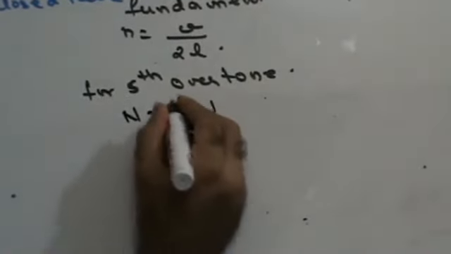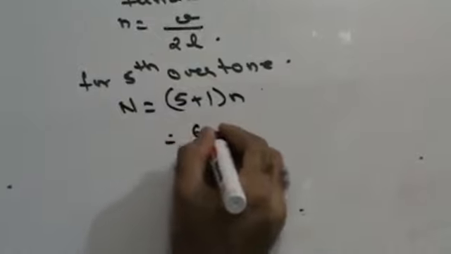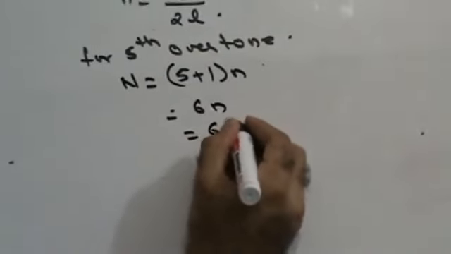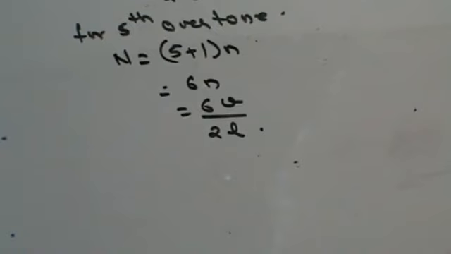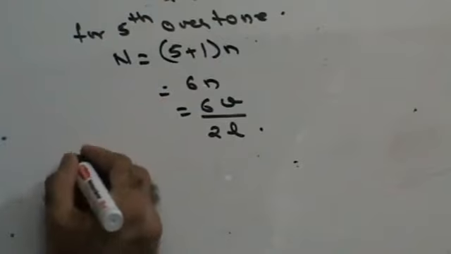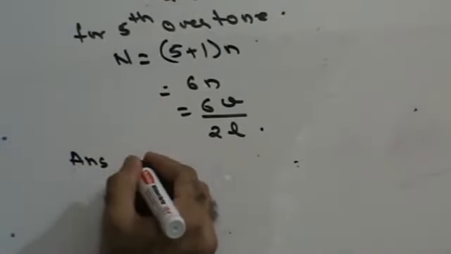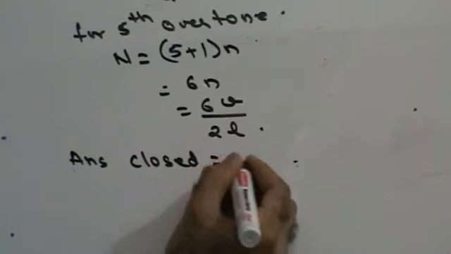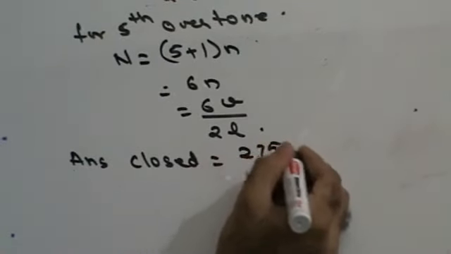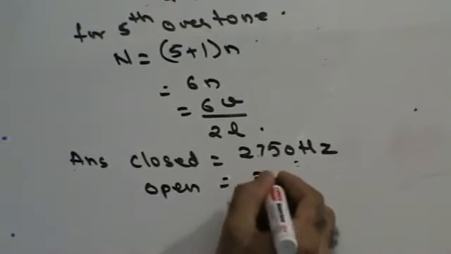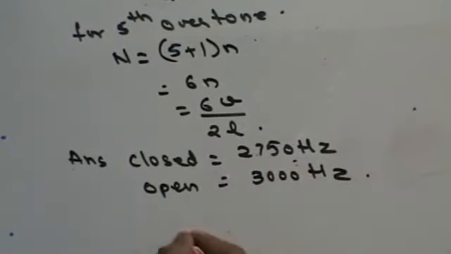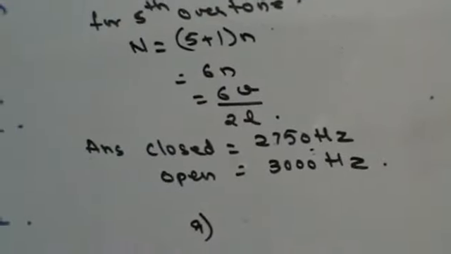So this will be 5 plus 1 times the fundamental frequency, 6N. 6 into V upon 2L. You know V, you know L. You should be able to substitute and get the answer. Right? The answer for this sum should be, for the closed pipe, 2750 Hz, and for the open pipe, 3000 Hz. Next, see the next one, guys.